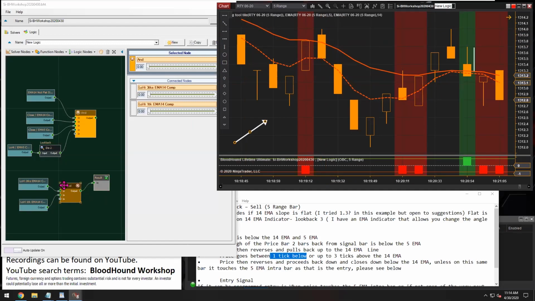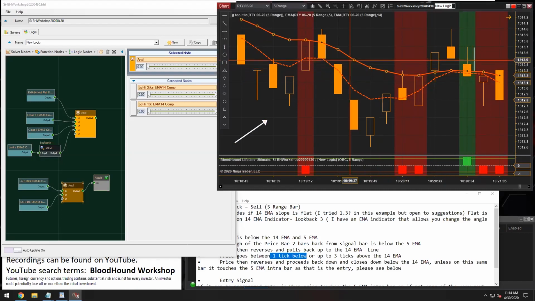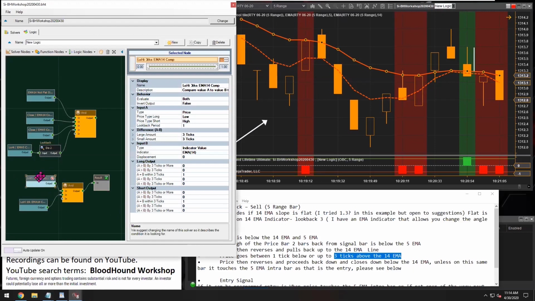So this isn't quite doing what we're looking for yet. Here, this high is definitely within 1 tick. If we look at all these, we're getting a short, or a long, if our high or low is within 1 tick of our EMA14. But we're missing this, where is it? This 3 ticks above the EMA14. So basically this solver here got filtered out, right?